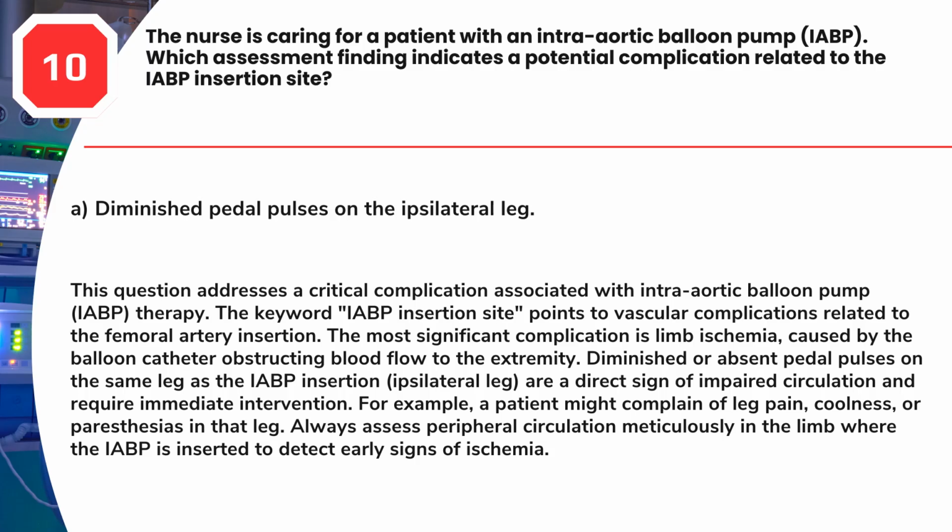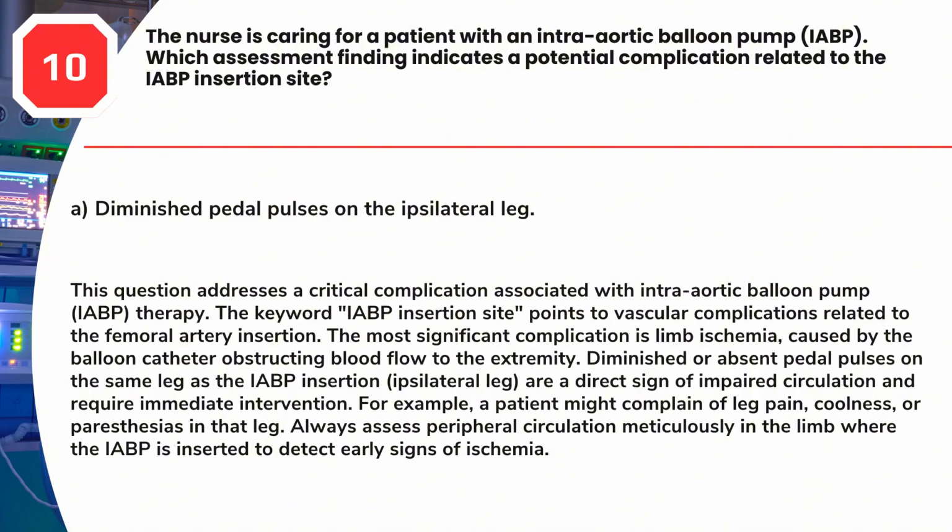This question addresses a critical complication associated with intra-aortic balloon pump, IABP, therapy. The keyword IABP insertion site points to vascular complications related to the femoral artery insertion. The most significant complication is limb ischemia, caused by the balloon catheter obstructing blood flow to the extremity.